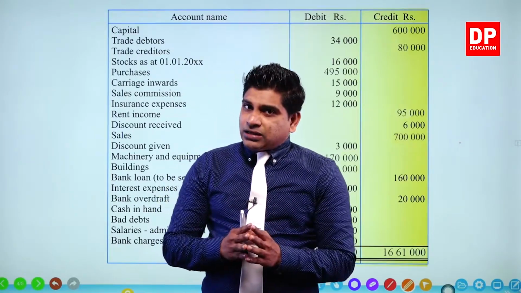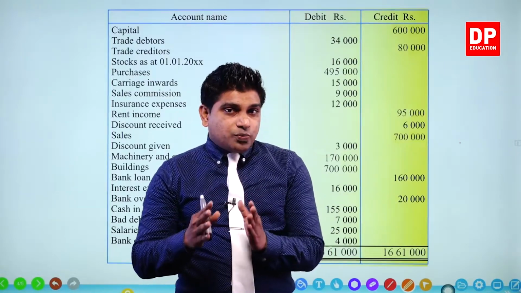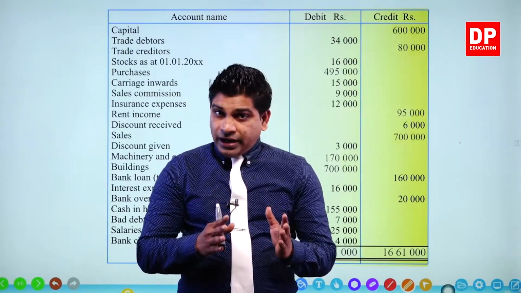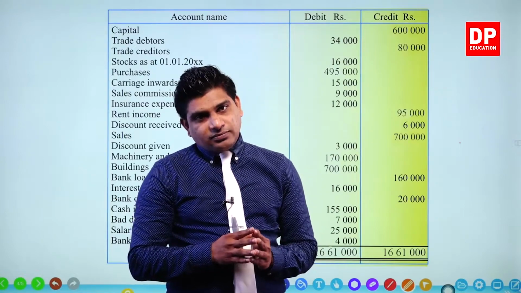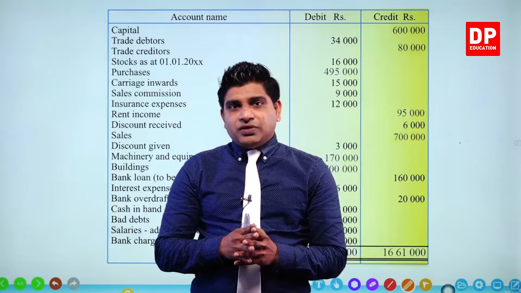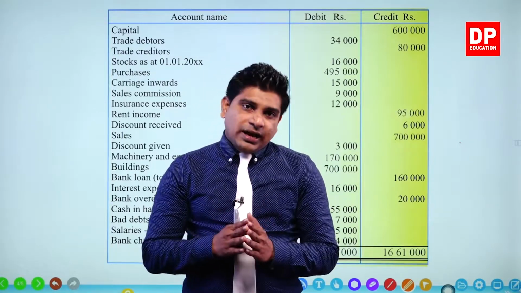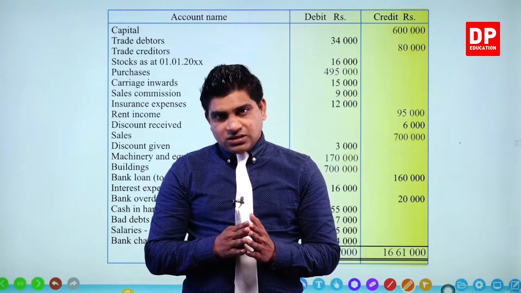To calculate net profit, generally we consider income and expense for the year. To draw statement of financial position, we consider available assets, capital and liabilities of the business.